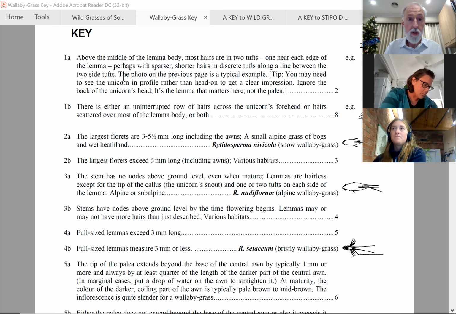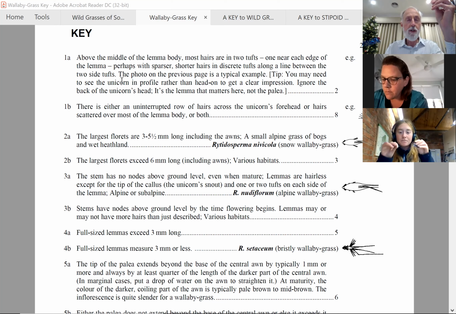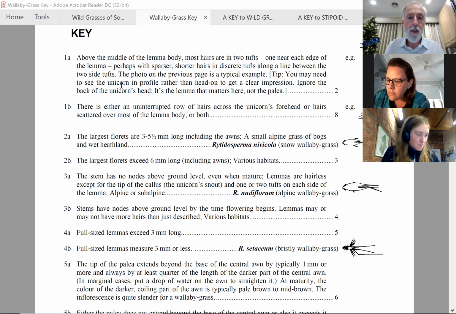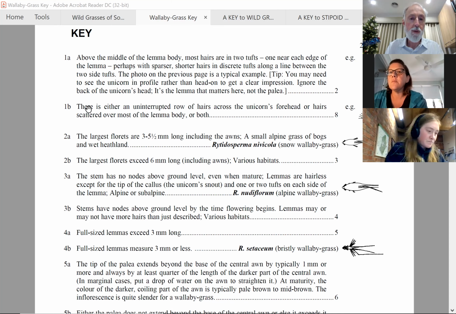There's a tip there that you may need to rotate a lemma or a floret side on, particularly out in the field, and particularly if you've got some good light, like sunlight on your floret. Rotating it allows you to see the hairs more clearly than if you just look at it face on. So that's a tip particularly useful in the field.